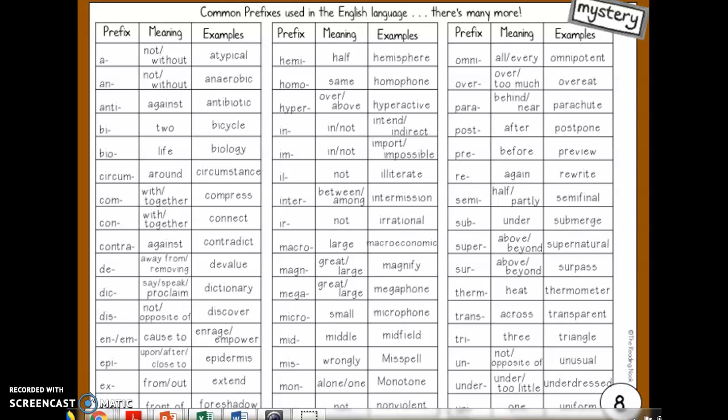As I said, this is not a complete list, but this list will come in handy when you are trying to find prefixes and trying to find the definitions and the meanings of prefixes when you do your assignment next week. So make sure you refer back to this list when you are working on your assignment.